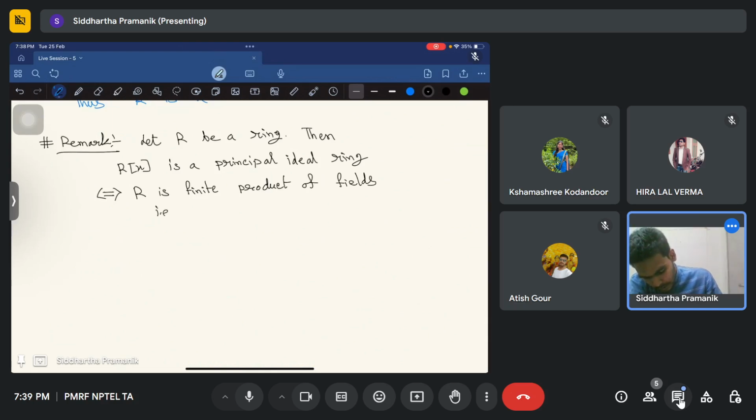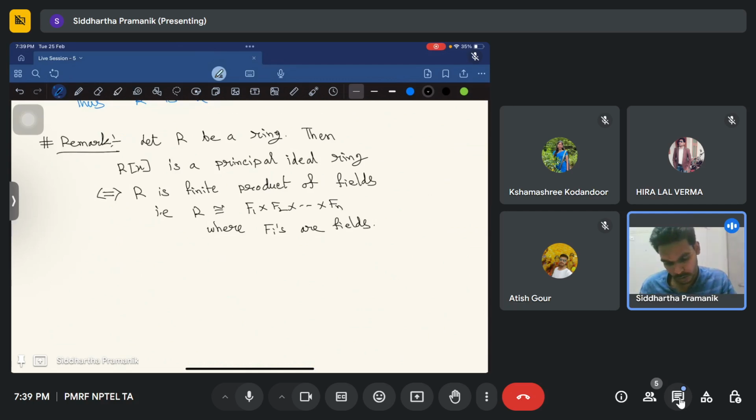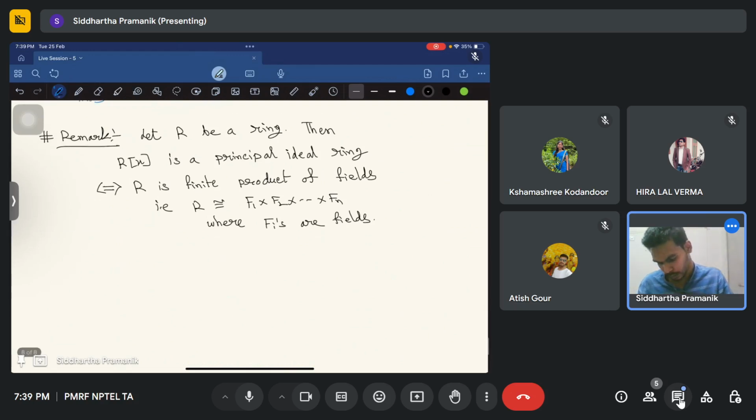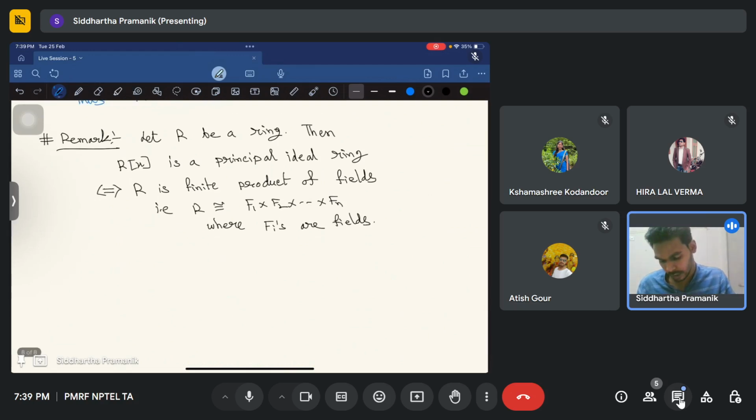So that means R is isomorphic to some F1 cross F2 up to cross Fn, where the Fi's are fields. So this is the most general statement which I know. I'm not going to prove this because this proof is a little bit involved, so you can just take it as information.